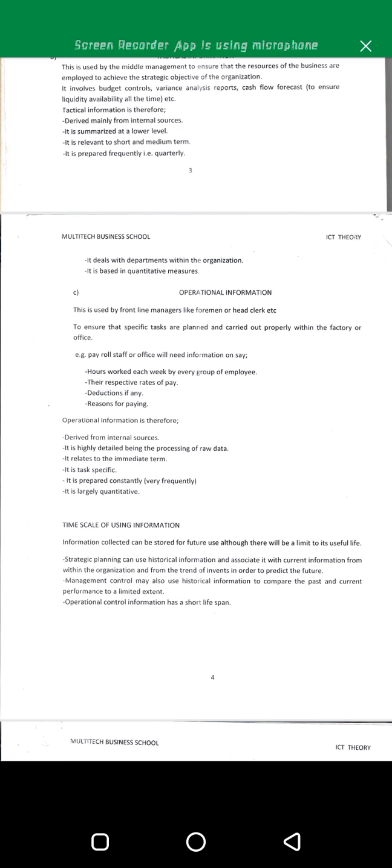So this information is produced in quantitative measures. Since it's a lot, until it is summarized for top management, it will only be collected and then analyzed for short-term decision making.